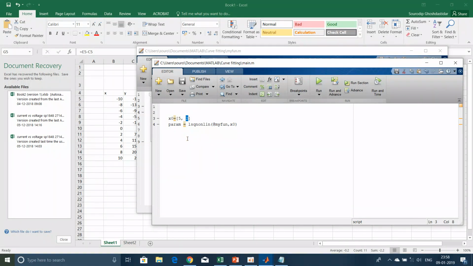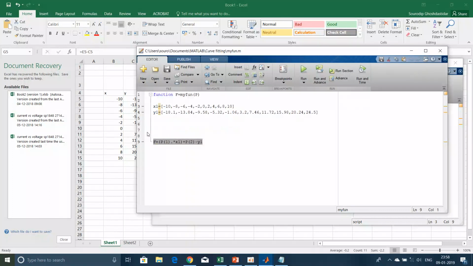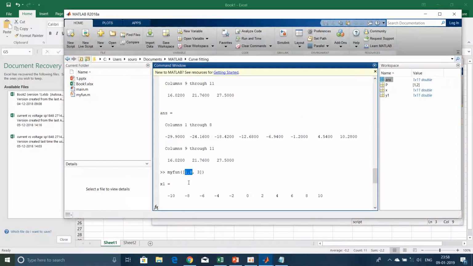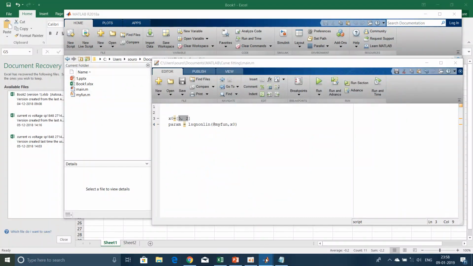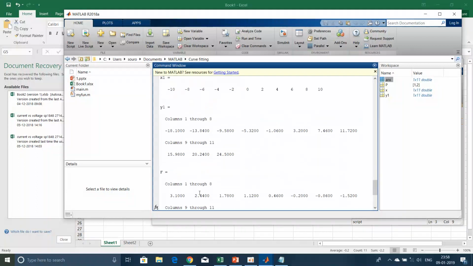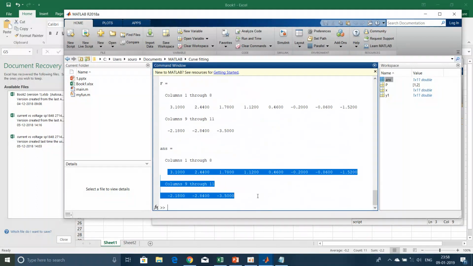So what happens is it uses the values of x naught and inputs them into myfun. You just saw that we were inputting m and c into myfun to get the differences between the experimental data and the model predicted data.